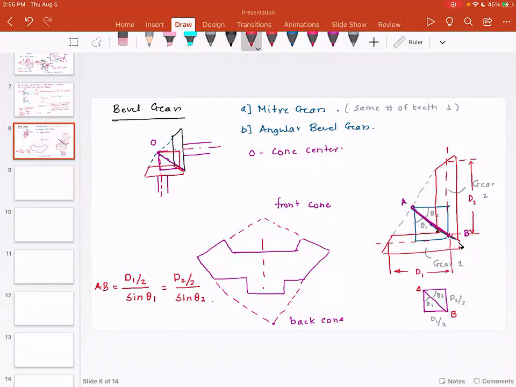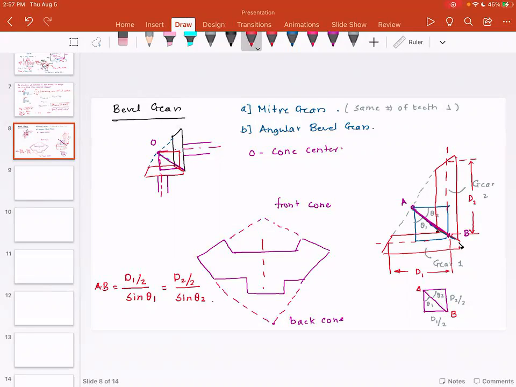And then you are going to have the pitch angle, cone distance, then addendum angle, dedendum angle, face angle, and all their parameters. Because if you think about it, the bevel gear is not cut in a plane. It's actually a sort of three-dimensional structure.